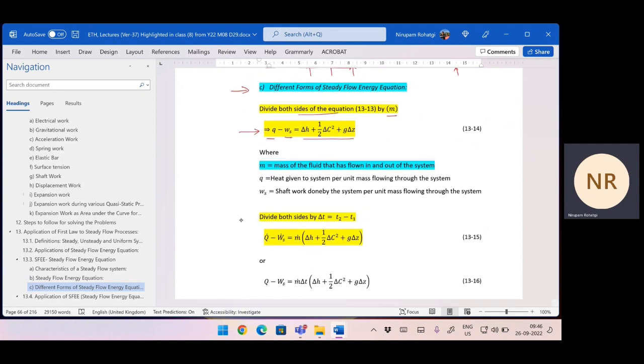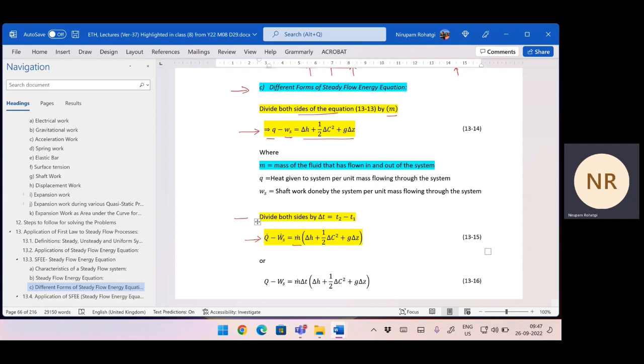If you divide it by time, you get this equation with m dot. The mass of the main system is gone, it's not coming into the equation. The total energy of the system is gone, it remains constant. So what you are getting is in terms of the mass entering the system.